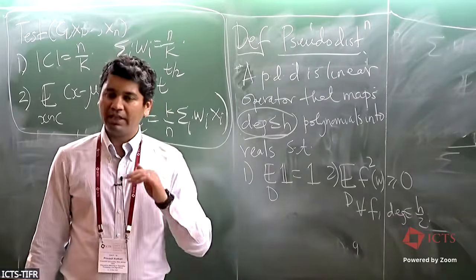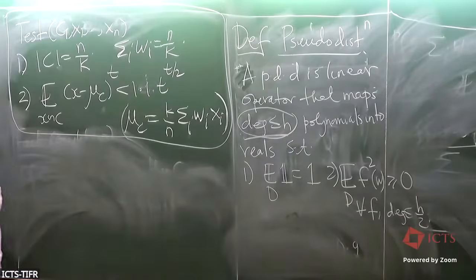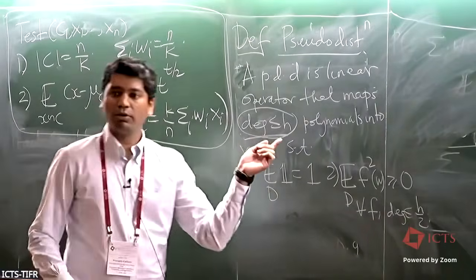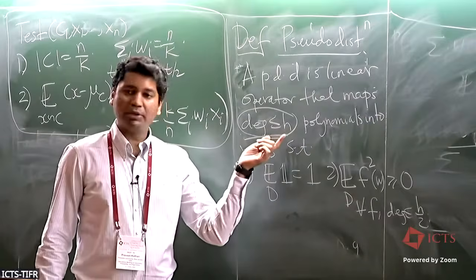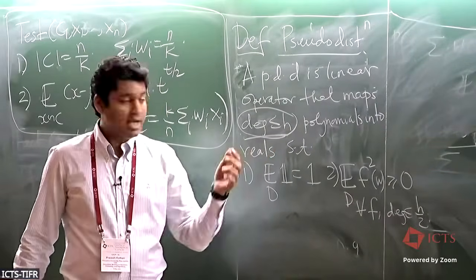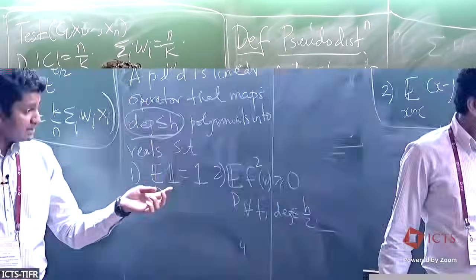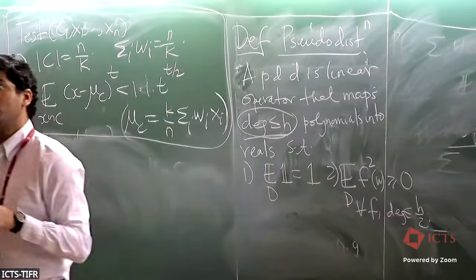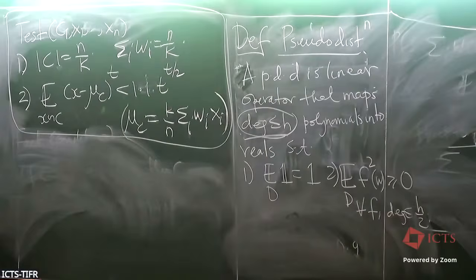There are two ways in which this definition is a restriction. One is that it only applies to low degree polynomials. It only applies to polynomials of degree up to h, right? I'm not claiming anything about degree beyond h. But moreover, this object cannot reason about non-negativity. It does not know about the non-negativity of functions which are non-negative everywhere but may not be squares or sums of squares.